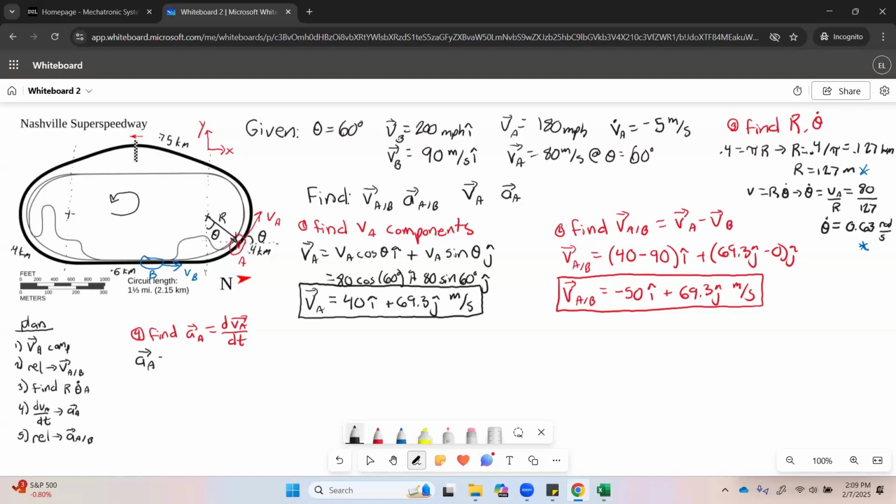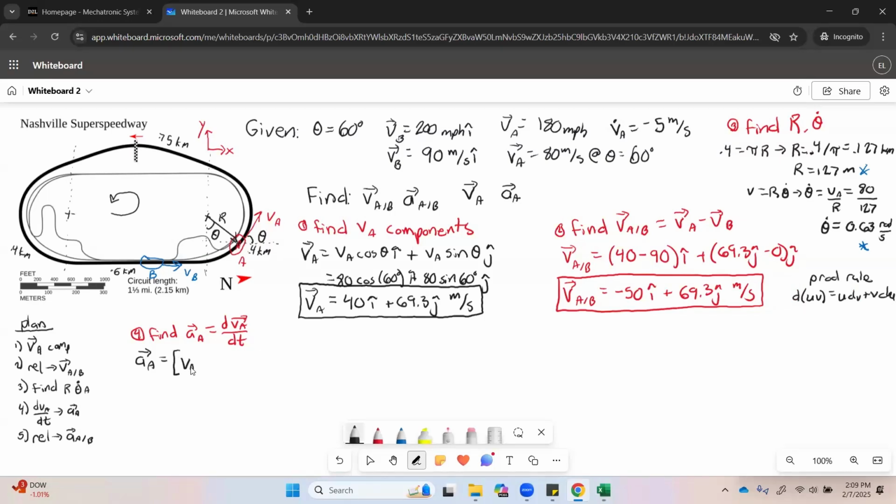acceleration of A equals, in the I hat direction, we'll take the derivative of this. So product rule, we'll just write product rule over here as a reminder. Derivative of u times v equals u dv plus v du. So over here, we'll first take derivative of VA cosine theta with the VA getting the derivative.